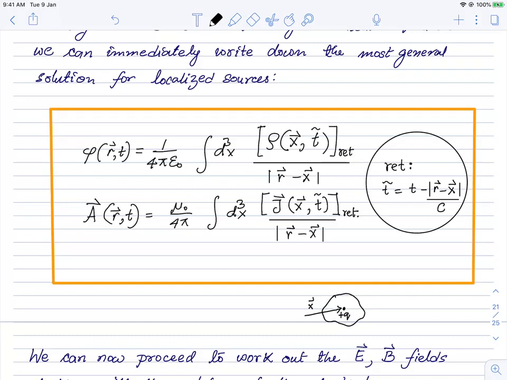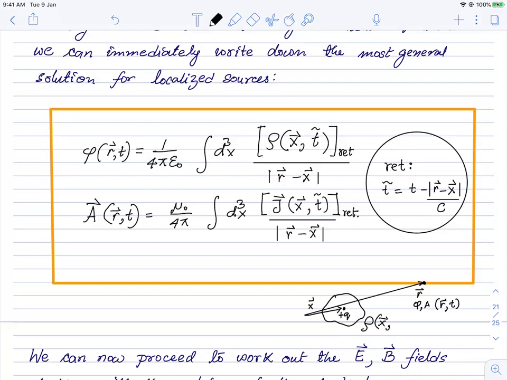We are interested in finding the electric field at a distance which is different. Let's say this is at r. We are interested in finding phi and A at r and at time t. If we want to find this value at time t, then we cannot take rho at x at time t.